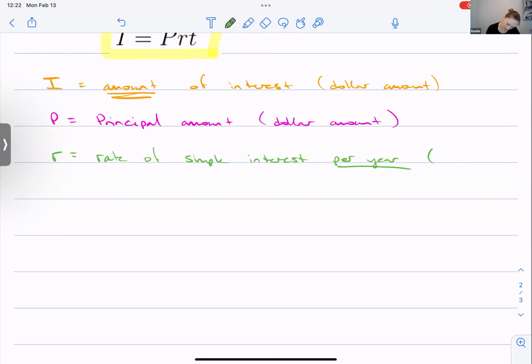And so we need decimal for calculations. Okay, and it's important that it's per year, right? Sometimes we say 2% per month or something like that. So we have to clarify that it's per year.